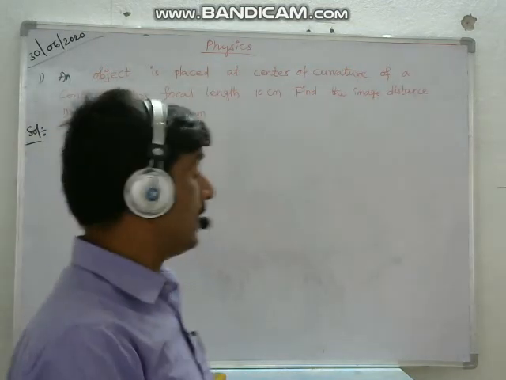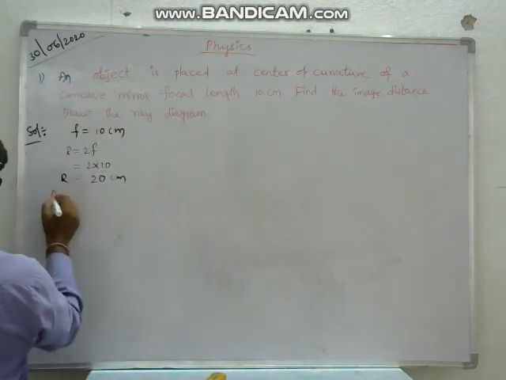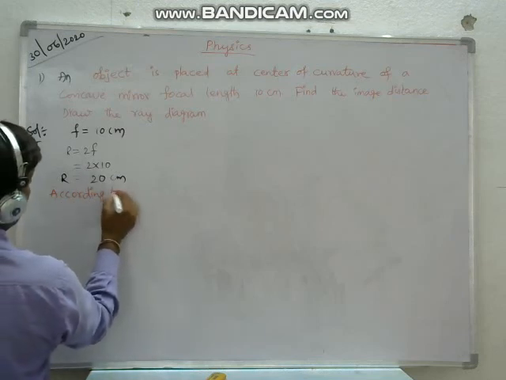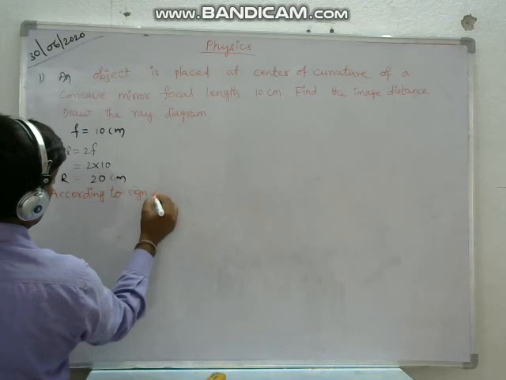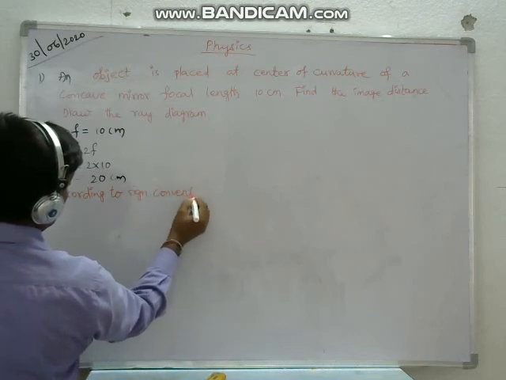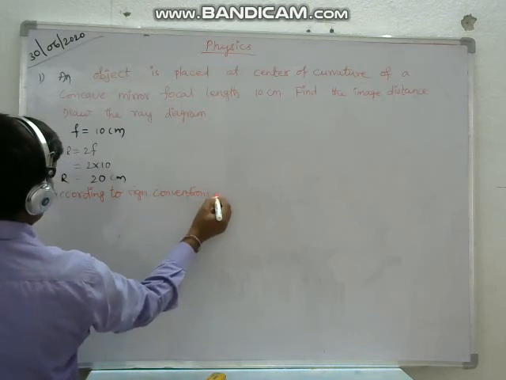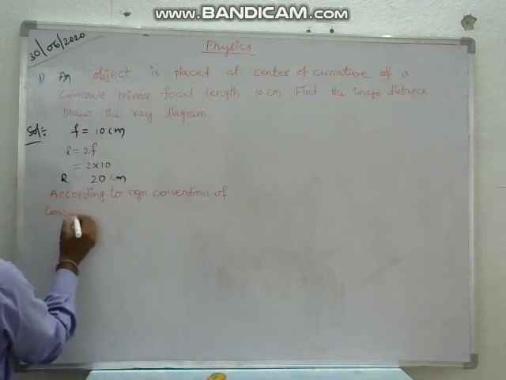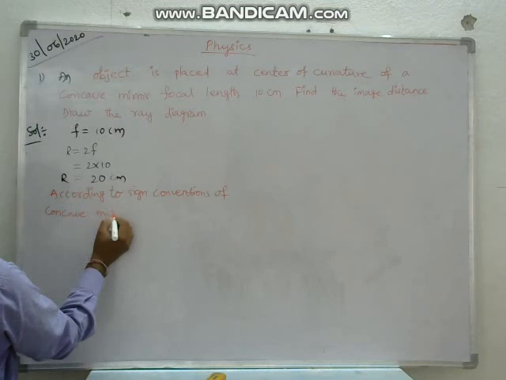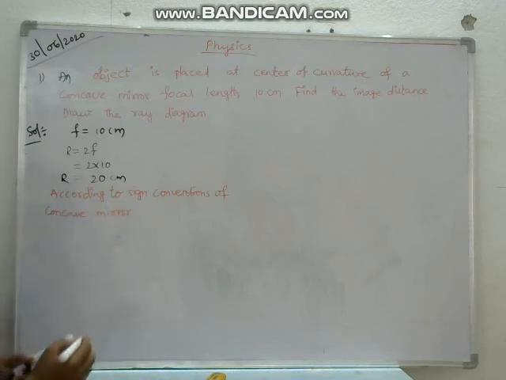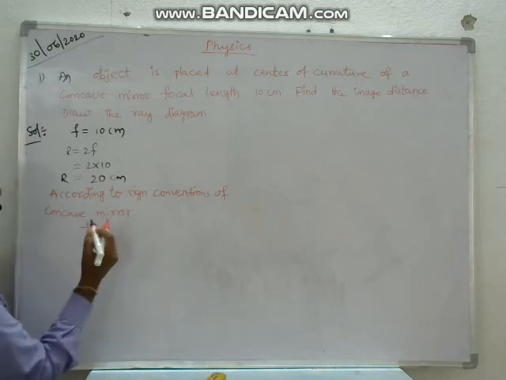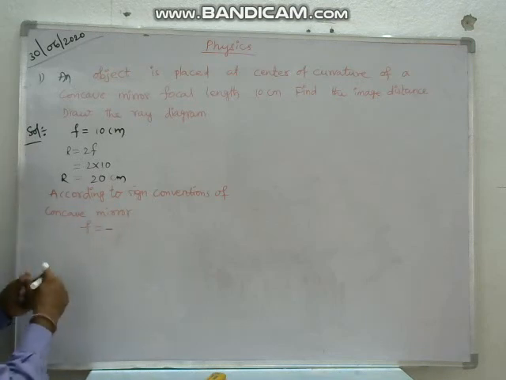According to the sign convention of a concave mirror, f is negative. So f is equal to minus 10 centimeter.